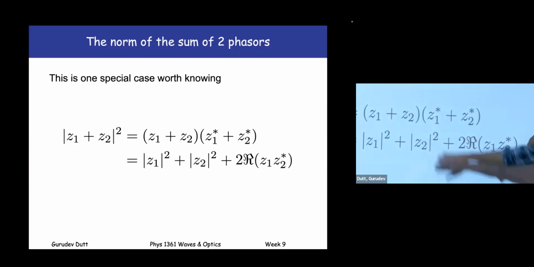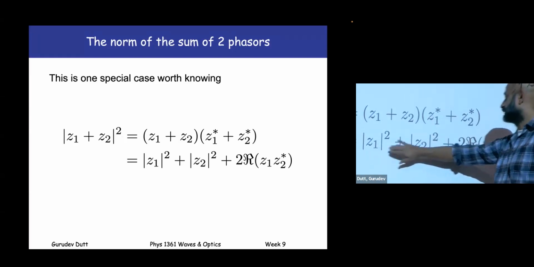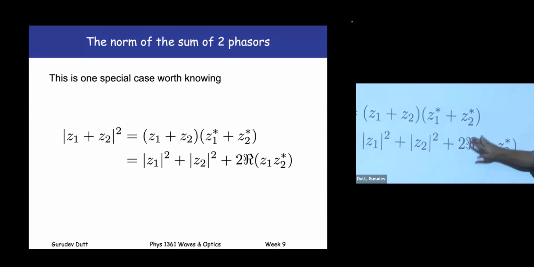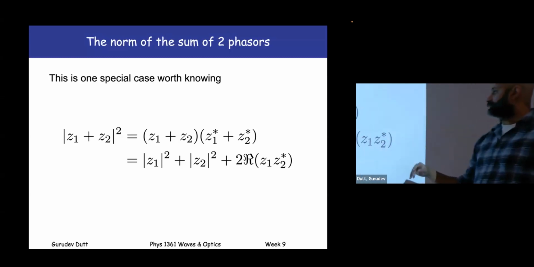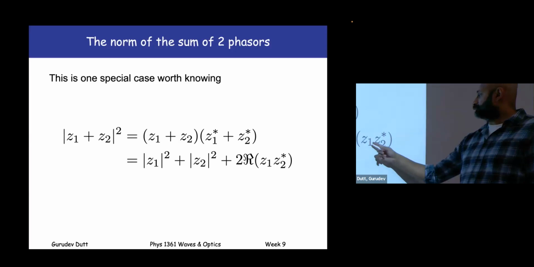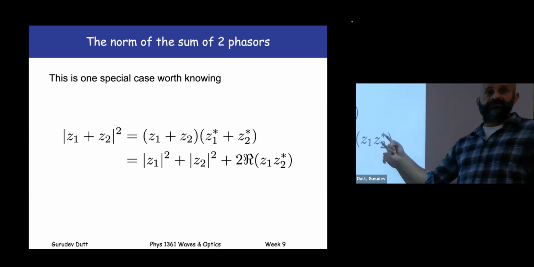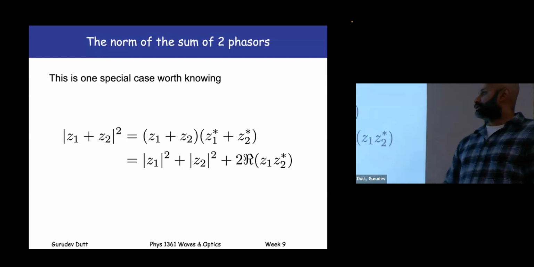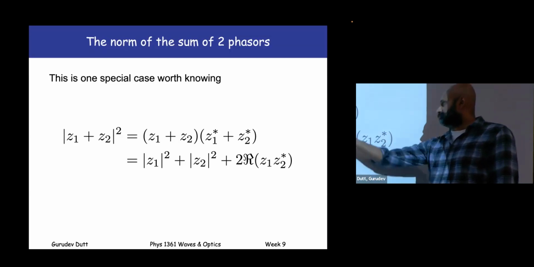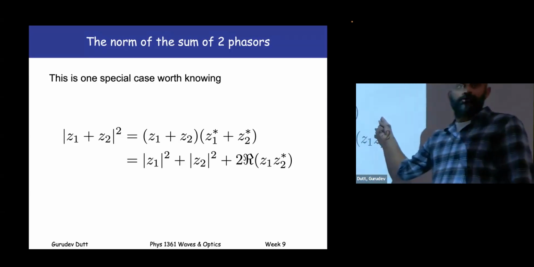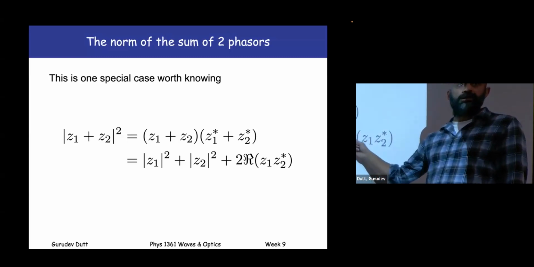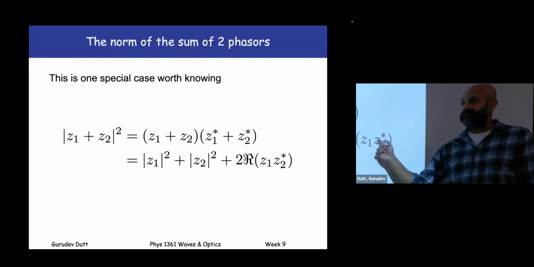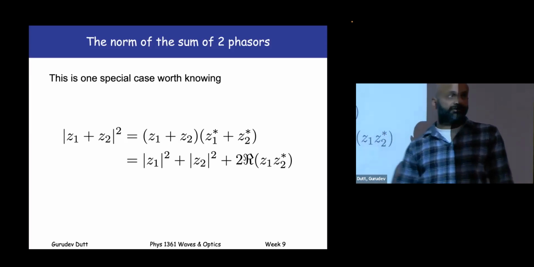And so the magnitude squared can always be found by taking Z1 squared plus Z2 squared plus this final term over here, which I've just written down, which is just 2 times the real part, now not of Z1 times Z2, but Z1 times Z2 star. This is an important little term, which you can verify for yourself just by multiplying out all the terms in this expression, and then verifying that 2 times the real part of this complex number gives me those remaining 2 terms in this expression.